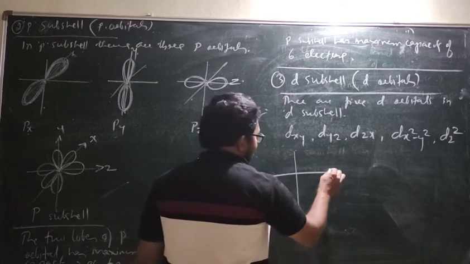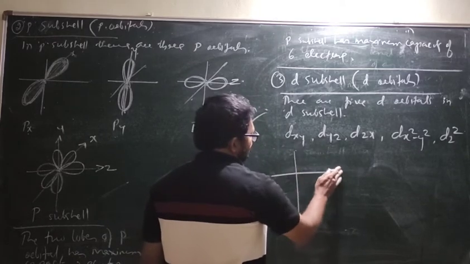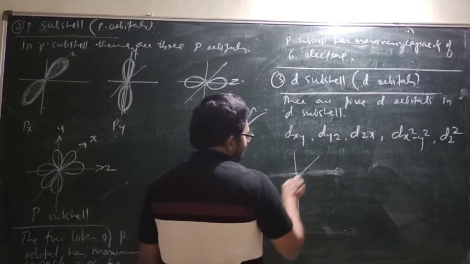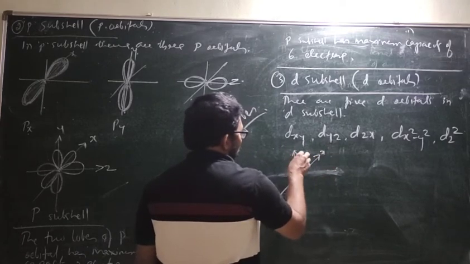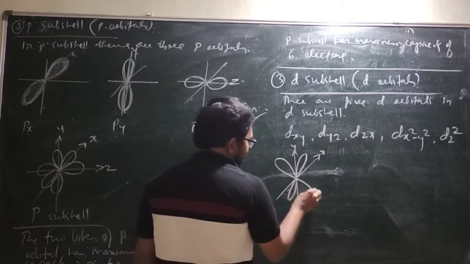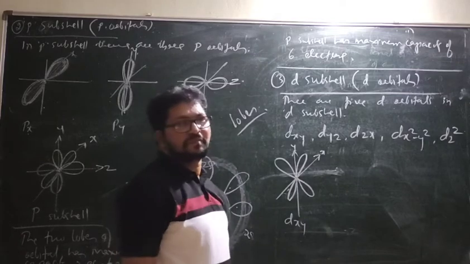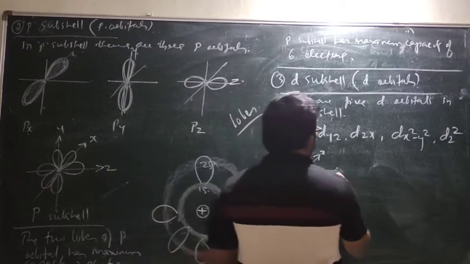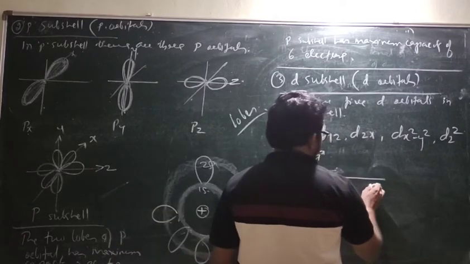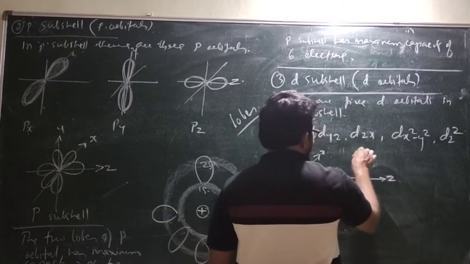Look at this. Think this is z axis, x, y. Okay, this is x axis, this is y axis. See this. In between the axis, dxy. Okay, dyz, shall I show you? This is z axis and this is y axis.